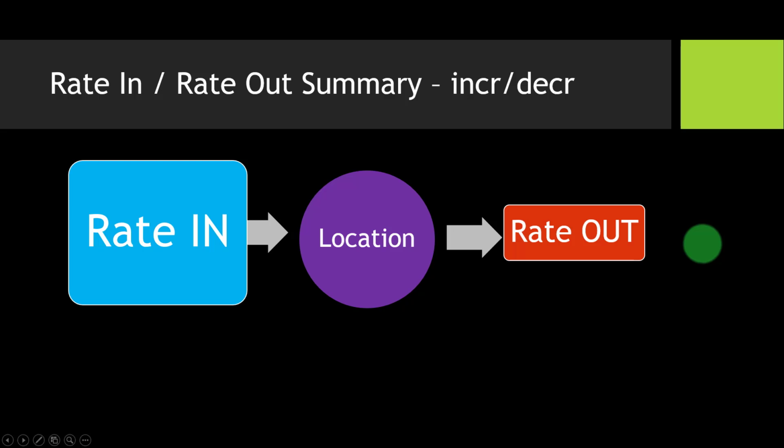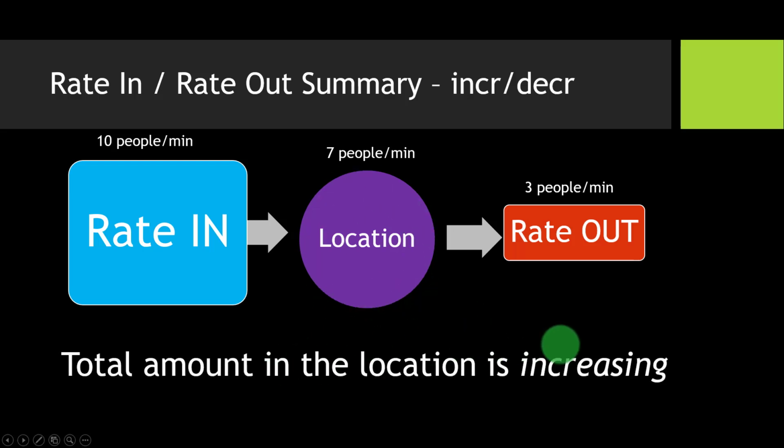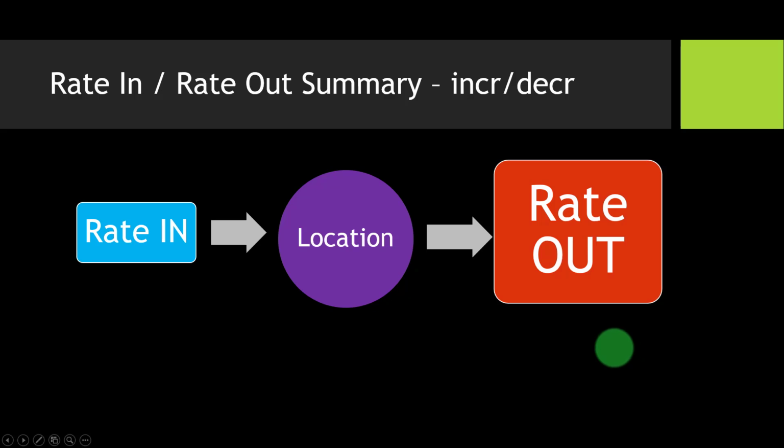Another very common question is to say, is the number of people in the location increasing or decreasing? Well, if the rate in is bigger than the rate out, then the number of people would be increasing. The total amount in the location is increasing. And if rate in is smaller than the rate out, you get a negative number.